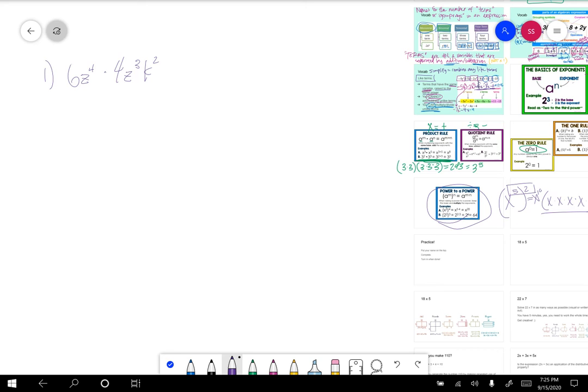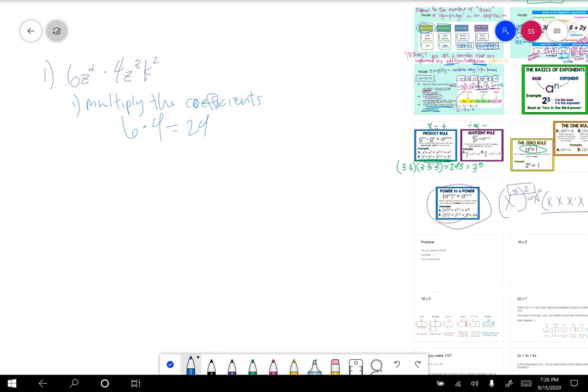Okay, so when you combine things like this, when you have coefficients and you have variables and different variables, what you want to do, now maybe write this down. The first thing you're going to do is multiply the coefficients together. So in this case, we have 6 times 4.